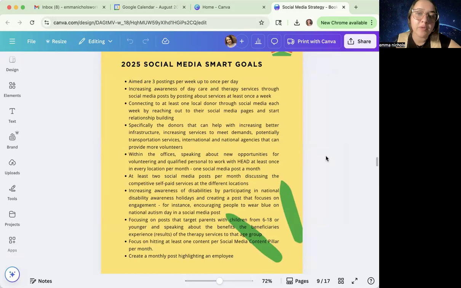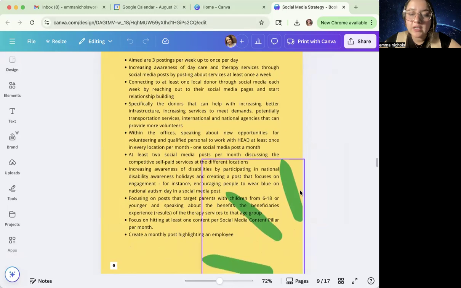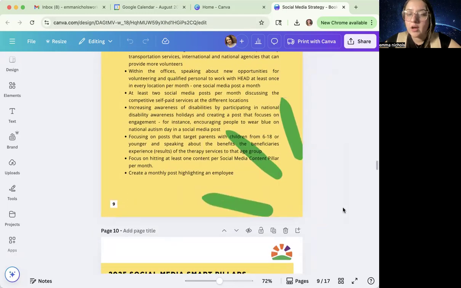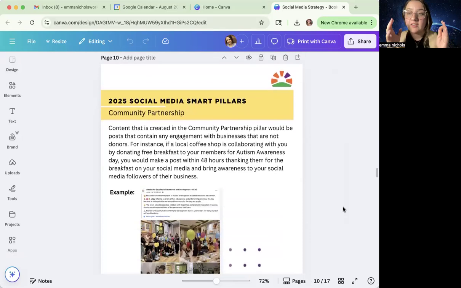Specifically, the donors can help increase better infrastructure, like office spaces, and speaking about new opportunities for volunteers and qualified personnel to work with HEAD. So this can even go outside of social media, but we'll just stick to social media. So at least 2 social media posts per month discussing the competitive self-paid services and so forth. So you can definitely see the information you can get from your analytics to help you focus on your goals.